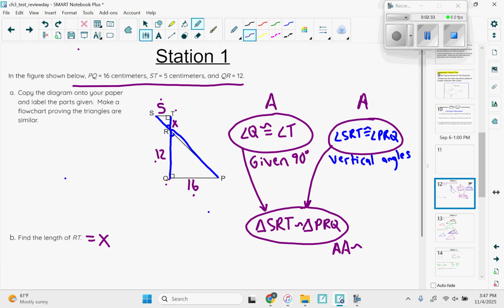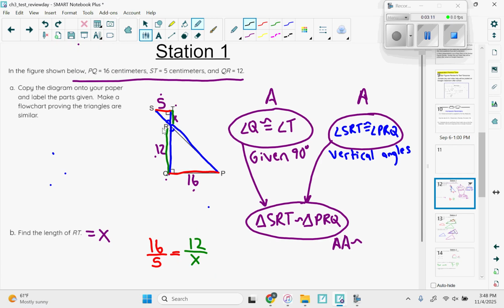Now that we know the triangles are in fact similar, we can go ahead and solve for RT, which is X, and I can make a proportion in order to do this. So just to point out, QP corresponds with ST, and so I'm going to do, let's see, 16 over 5 equals, and then on the other one, I went big triangle to little triangle, so I'm going to go big triangle 12 over X on the other side.